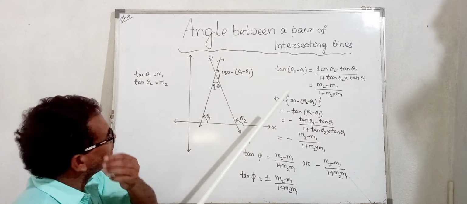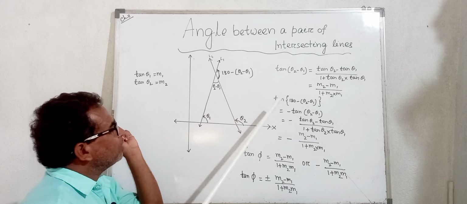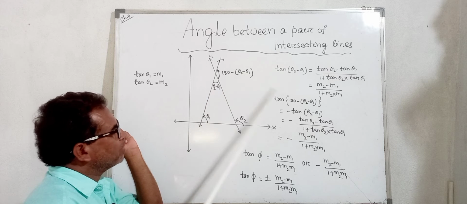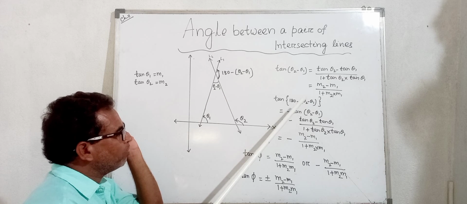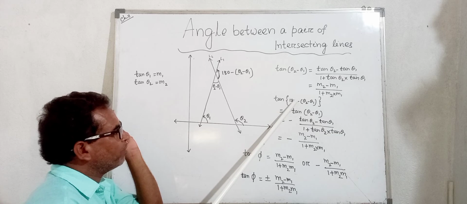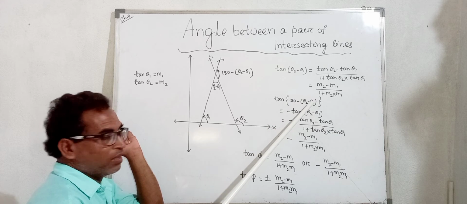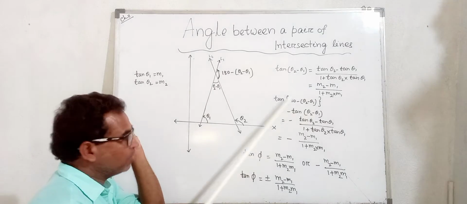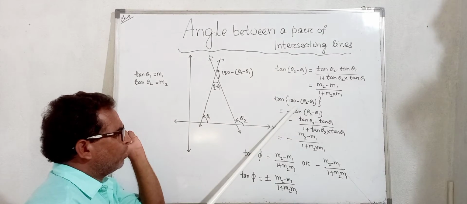Now we will see tan of 180 minus (theta 2 minus theta 1). tan (180 minus something) is equal to minus tan of that something.